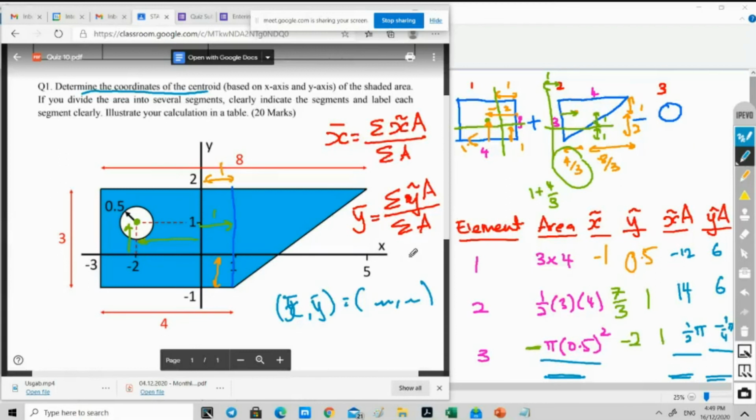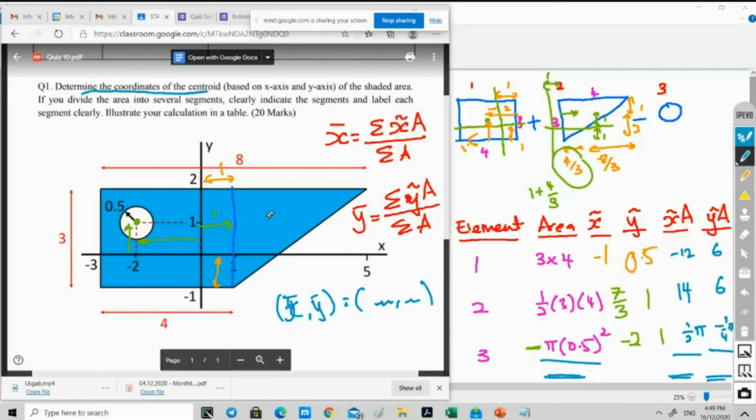All right, so that is how you compute the centroid of a combination of basic shapes like this. Normally in the exam, is it possible to get a weird shape?